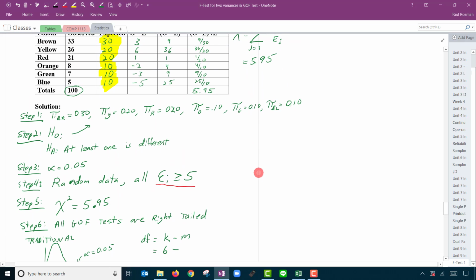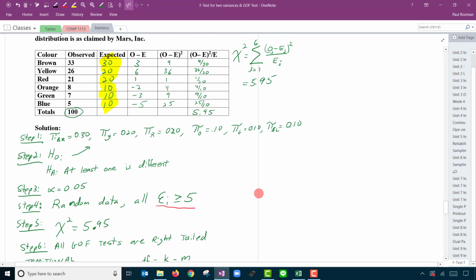But let's explain why. Remember when we calculated these expected values, what did we need from our data in order to get these numbers? We needed the percentages, but that didn't come from the data. That came from the claim. In order to calculate these numbers, we needed to know one thing besides what they told us from the company.